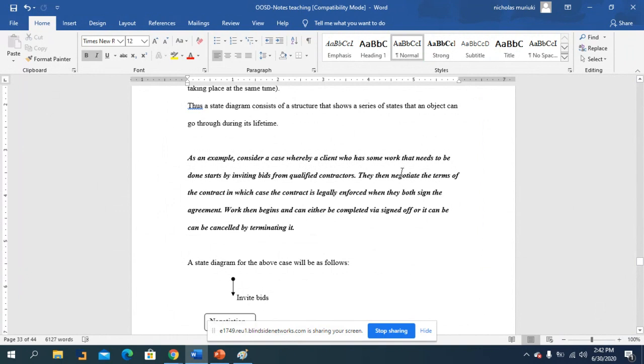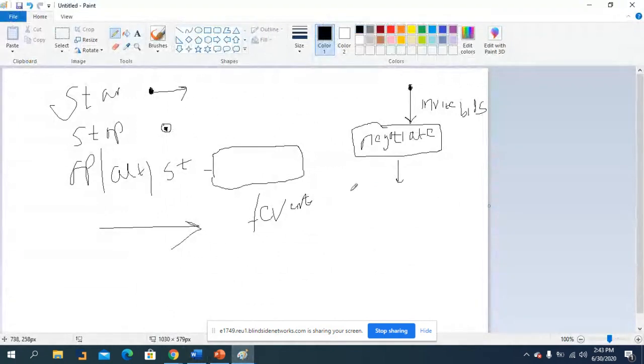So after negotiating the contract, there is something that is supposed to be done. The contract is legally enforced, so we are doing what you call enforcing.